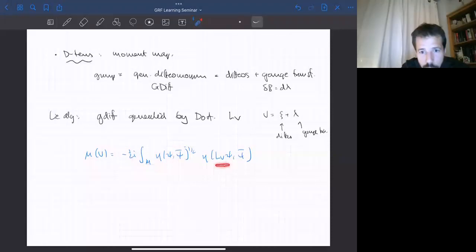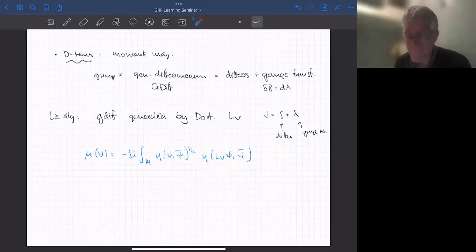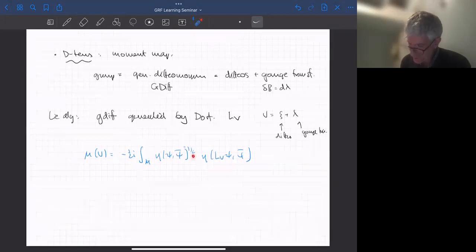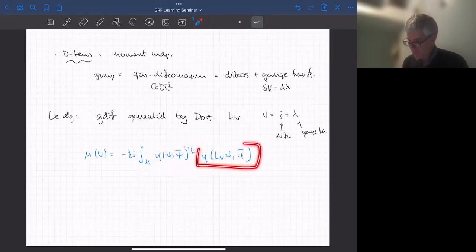Are these two things summing up, or is this a product or what? So this is, yes, times. This object will be something that transforms like inverse powers of the determinant bundle. This object transforms like the determinant bundle squared. So the whole thing transforms like the determinant bundle.